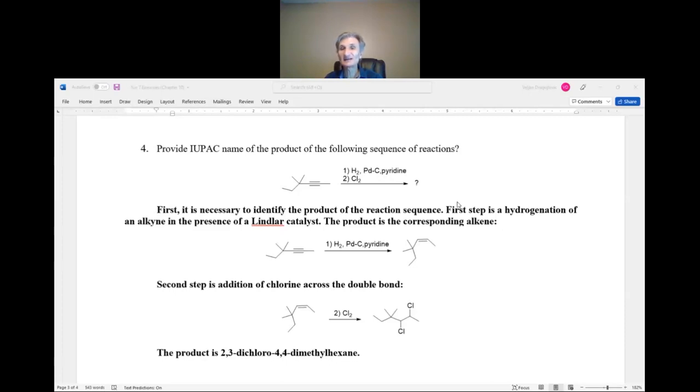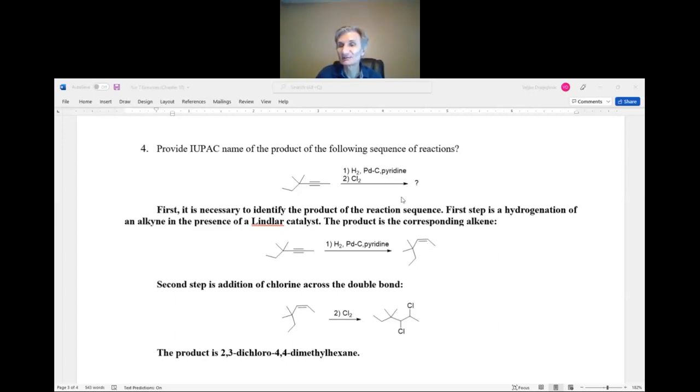Since it's less reactive, catalytic hydrogenation works in such a way that only the more reactive triple bonds are reduced to double bonds, but double bonds are not affected. If it was just hydrogen with palladium on carbon, this triple bond would have been reduced to a single bond. But because it's palladium with pyridine, pyridine prevents palladium from acting as a catalyst to reduce double bonds.